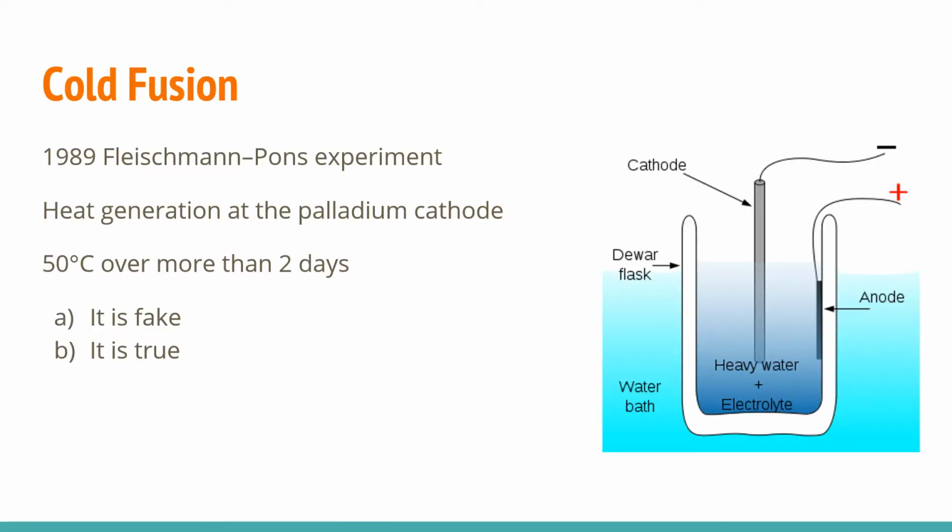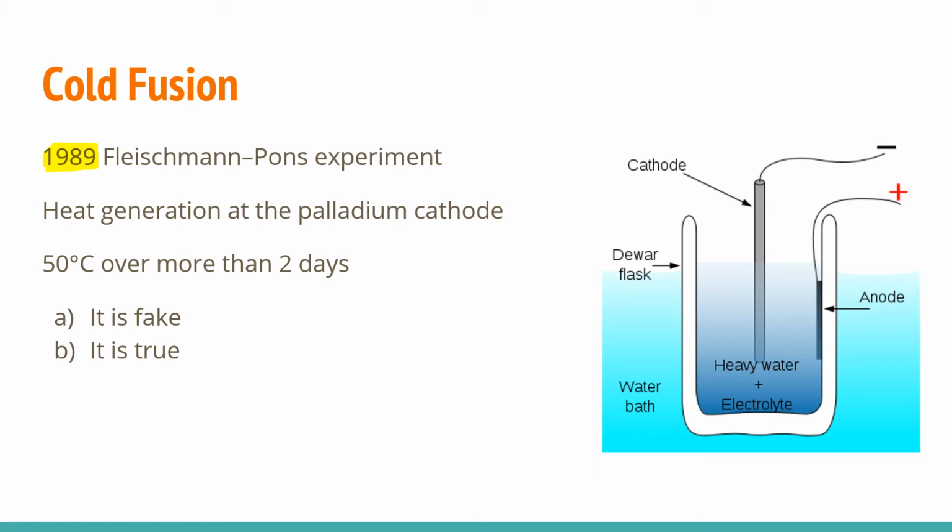There is a very strange thing in the world. I want to say a short word about it, because we still don't completely understand what happened in 1989. In 1989, the famous Fleischmann and Pons, two scientists and chemists, did an experiment because there were reports in the literature that platinum and palladium do not have a defined amount of energy if you heat them or if you have an electrolytic process in water.